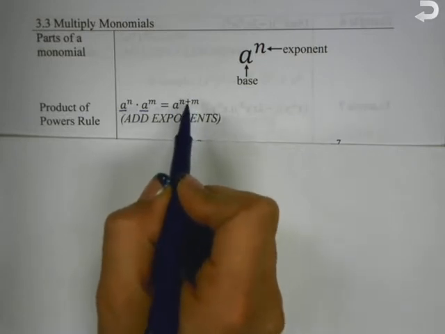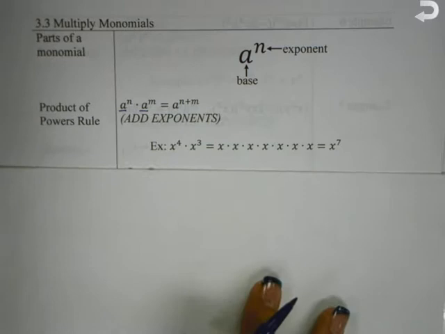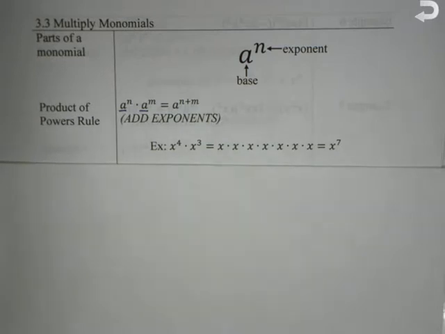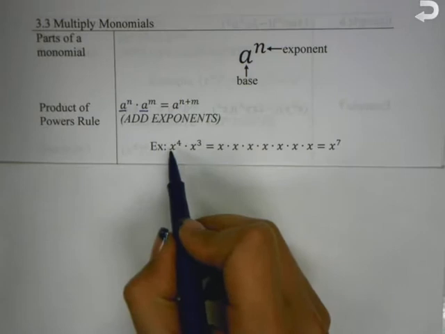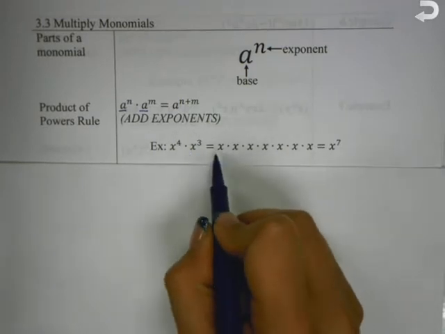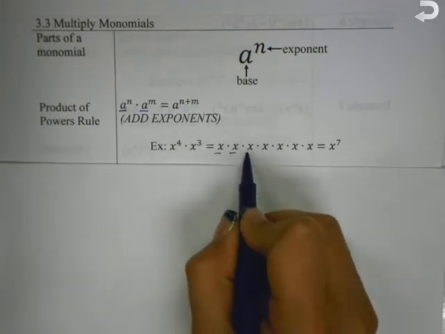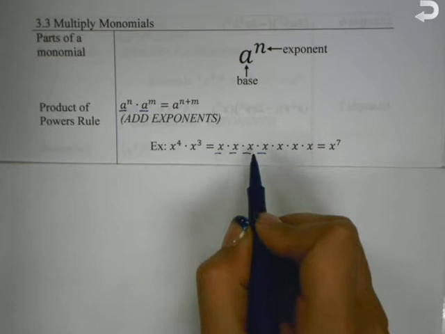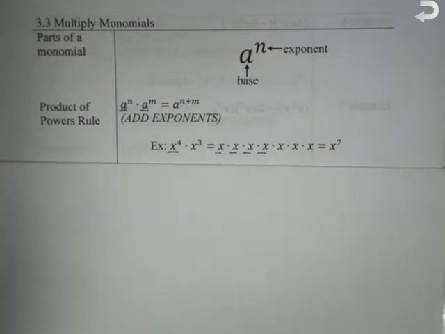So I have a quick example to show us why this works. Look at it. X to the fourth, that's the same as X times X times X times X. Is that correct? Times X to the third. That's multiplying X how many times?